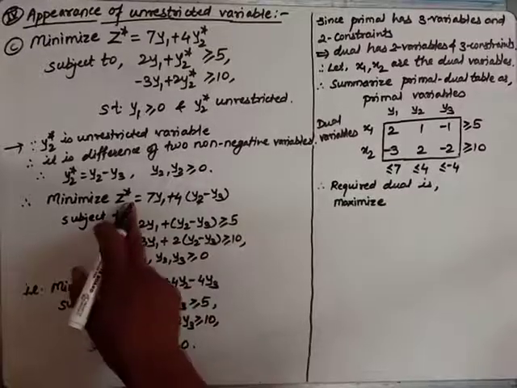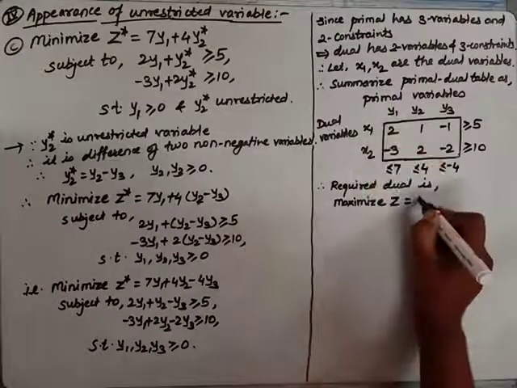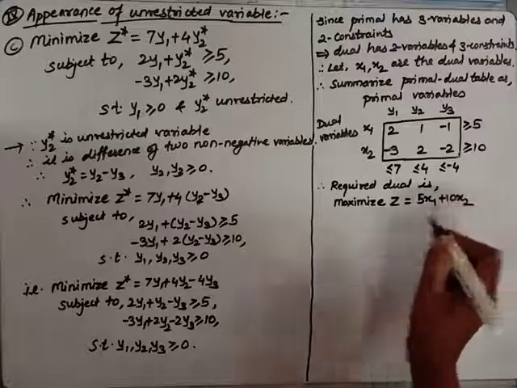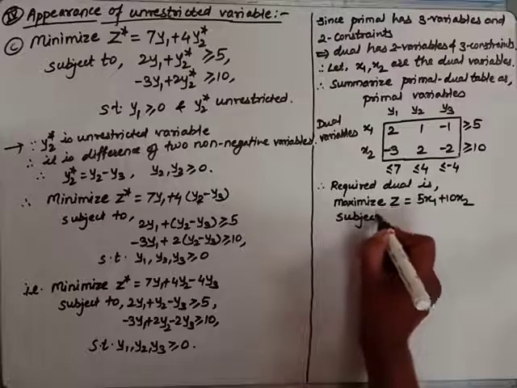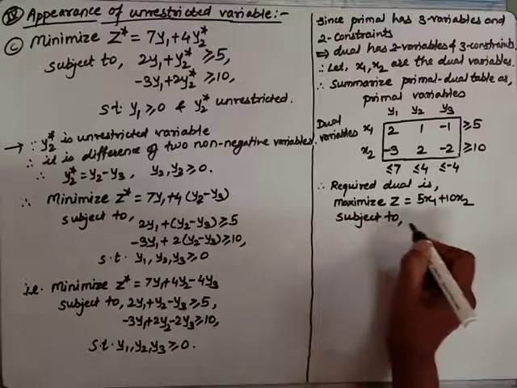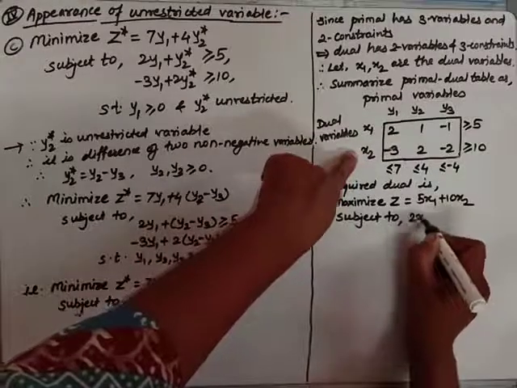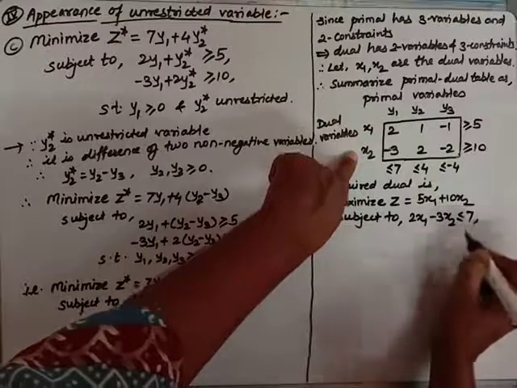Now it is z star here, so I must write z equal to 5x1 plus 10x2 subject to 2x1 minus 3x2 less equal 7.